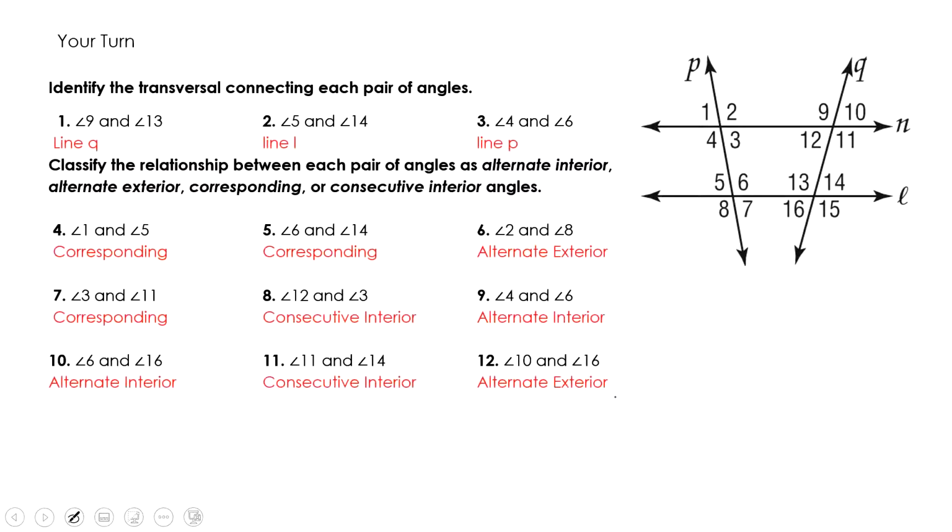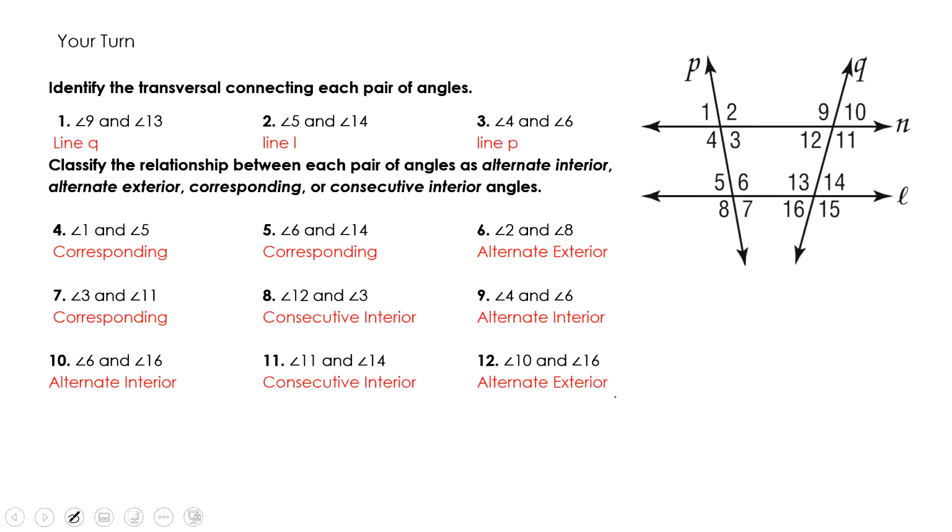All right, so I plot them all up here at once. The lines that are the transversals are Q, L, and P for 1, 2, and 3. Then counting in order, 4 and 5 are corresponding angles based on how they appeared. 6 was an alternate exterior angle because they're outside of lines N and L, which the transversal P was creating.